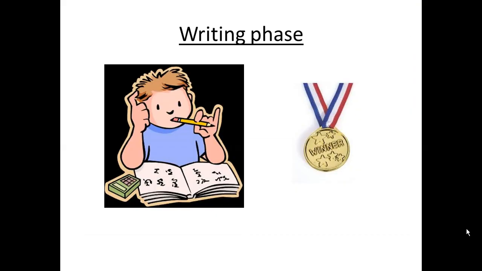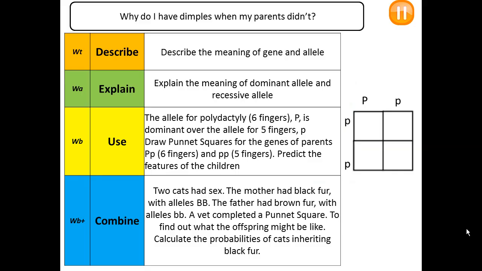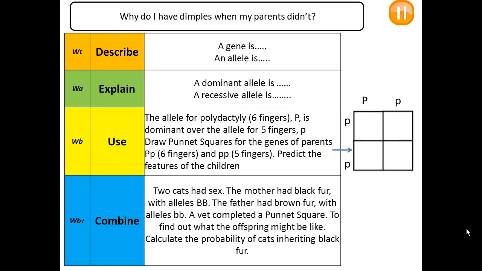Okay? Now, as in a normal science lesson, there's a writing phase. I prepared for you four different questions, and for the first two, in the next slide, you will have sentence starters that could help you to complete the task. For the third one, you need to follow the instruction and build a Punnett square.